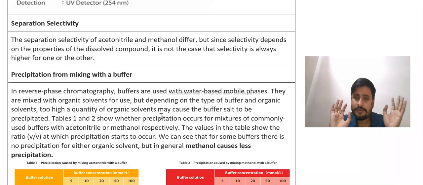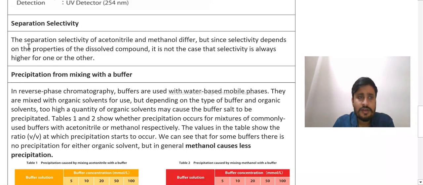Just see what I have written here: the separation selectivity of acetonitrile and methanol differ, but selectivity depends on the property of the dissolved compound. So what is the dissolved compound? The dissolved compound is the molecule which we have to analyze, which we have to separate out. It is not the case that selectivity is always higher for one or the other. So it is totally dependent on the molecule.